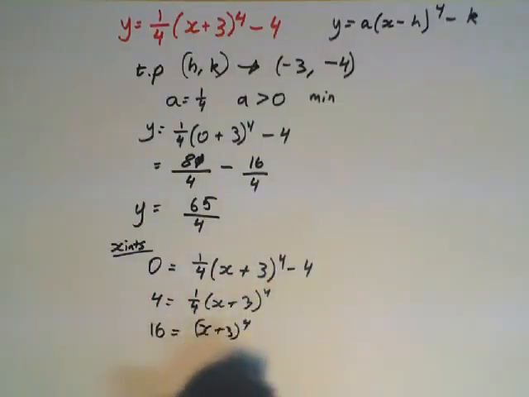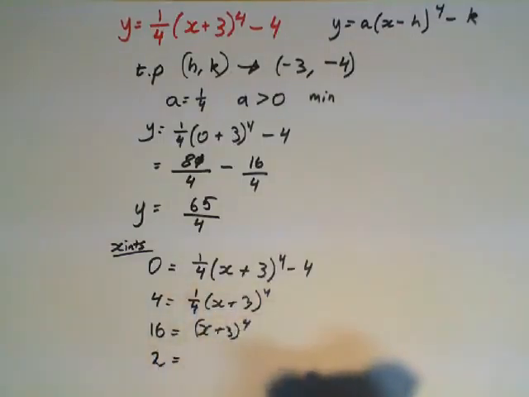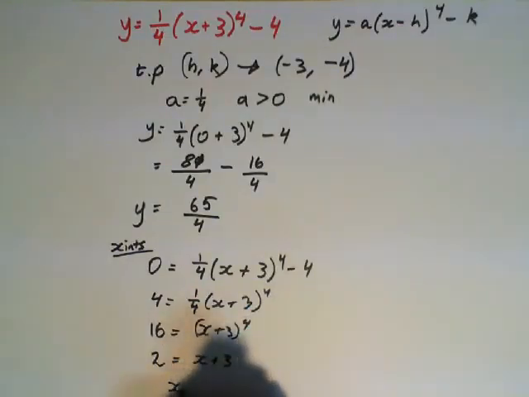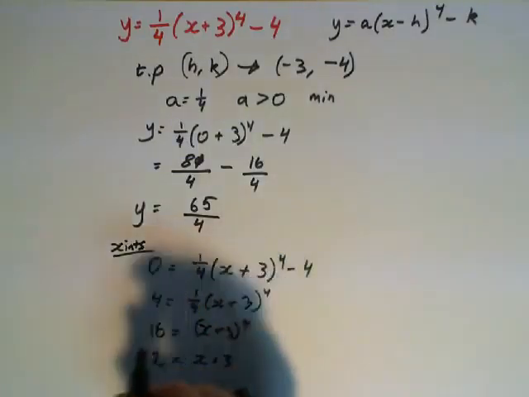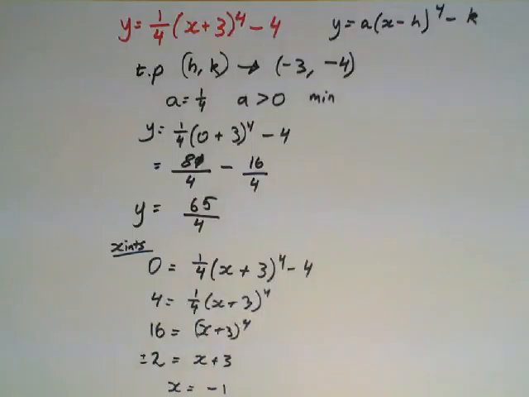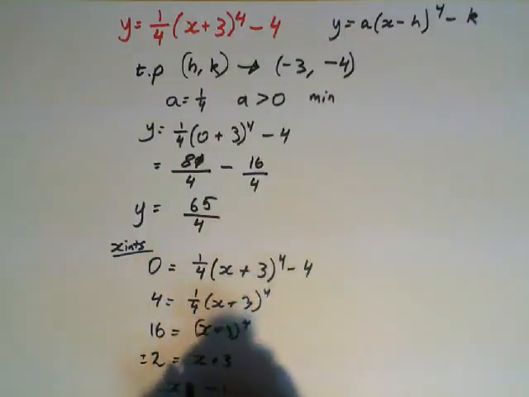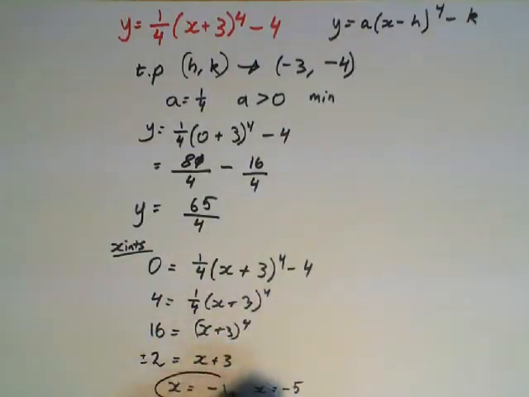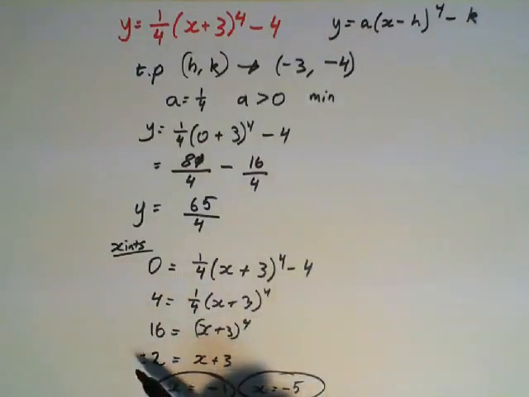Okay, the fourth root of 16, well, that's going to be 2. 2 to the power 4 is 16. x plus 3 equals 2, so x has to be minus 1. Now, what I should have done was plus or minus 2. So we should get minus 1 as one solution, x equals minus 5 as another solution. So there's our 2 points. Okay. Don't forget that plus and minus. Okay, I still make those mistakes.